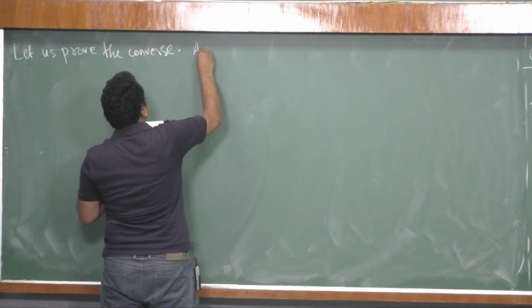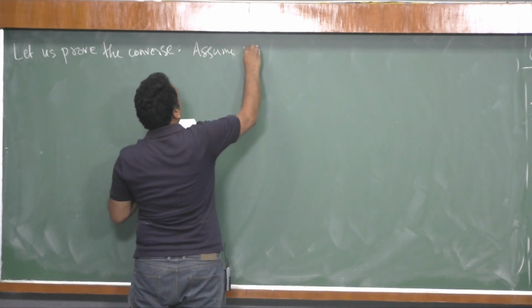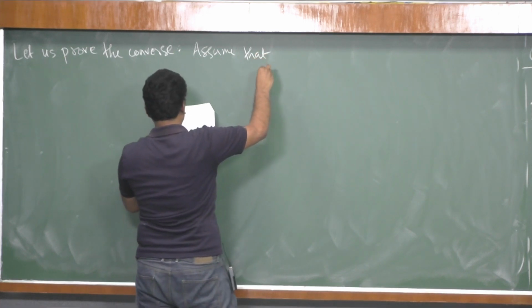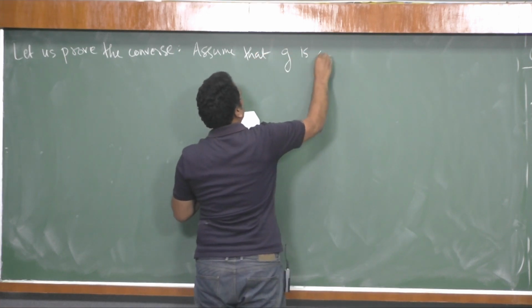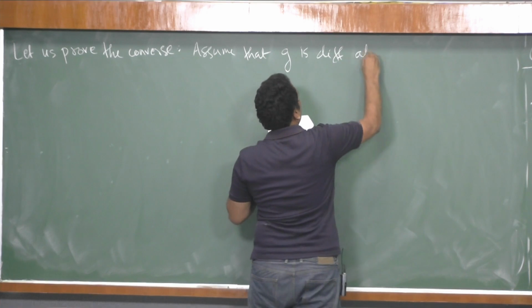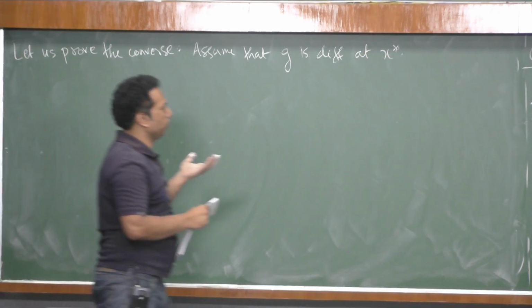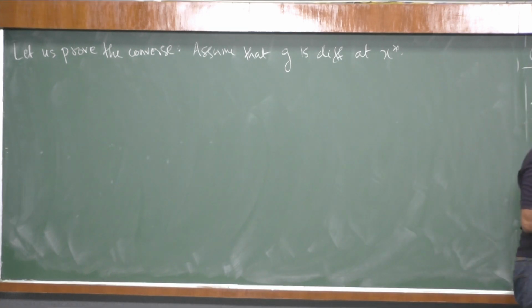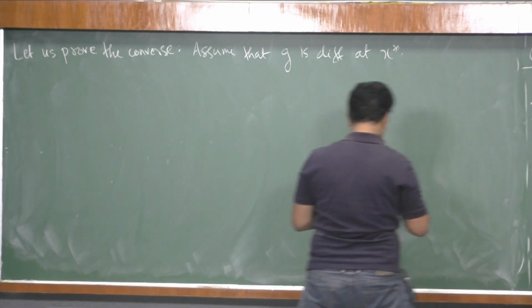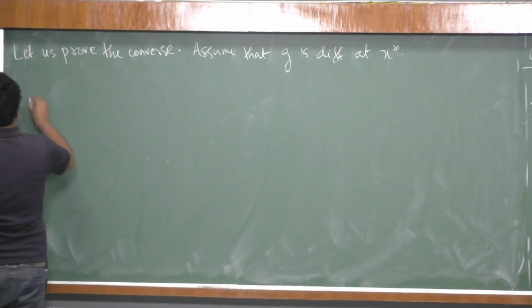So now assume that g is differentiable at x star, and since it's the reverse way, our given is that x star is in the argmin of g plus fi.